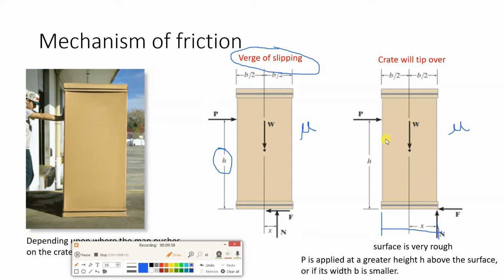If you place a textbook with its smaller width in this direction and apply the effort from this side, the book will tip over about this edge. This is an example of tipping. Because the height is more and the width is less, if we apply effort at a considerable height, the book will tip over.